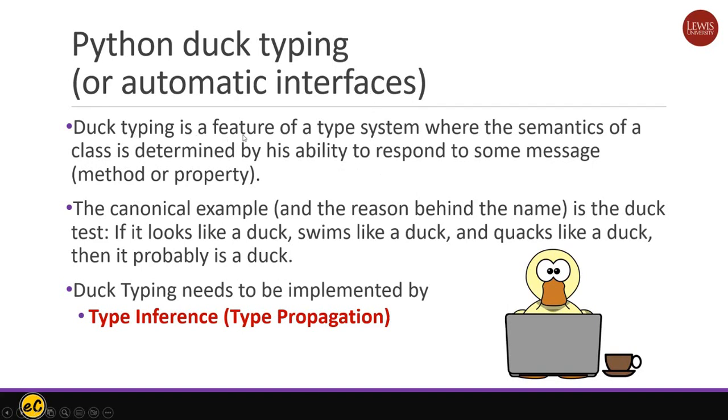Duck typing is a feature of the type system where the semantics of a class is determined by its ability. So you see what functions you have, and then you decide that it is one kind of something. It's the way of doing interfaces in Python.